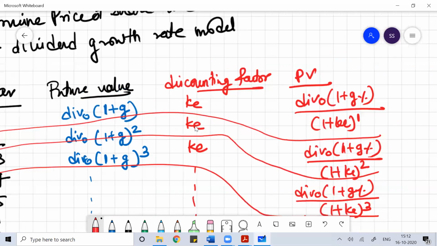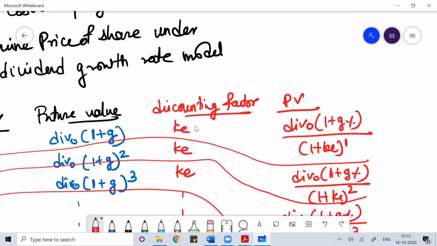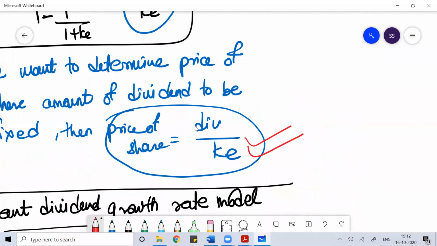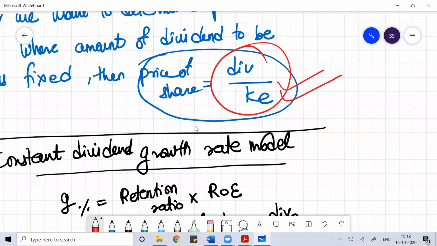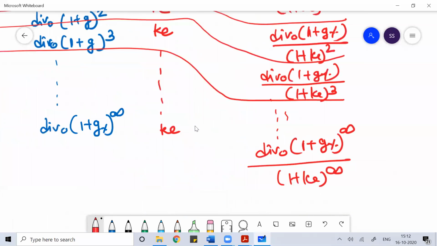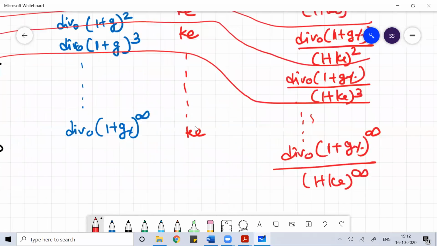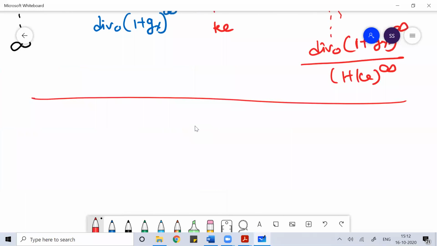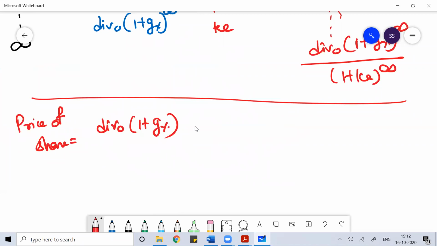Before that, we discussed the case to find the price of share under the constant dividend model. Under the constant dividend discount model, this was the price of share. If we talk about the constant dividend growth rate model, then you just need to anticipate what would be the future value of your dividend, then determine the present value of that. Now the price of share would be DIV naught into 1 plus g percent divided by 1 plus k for year 1.